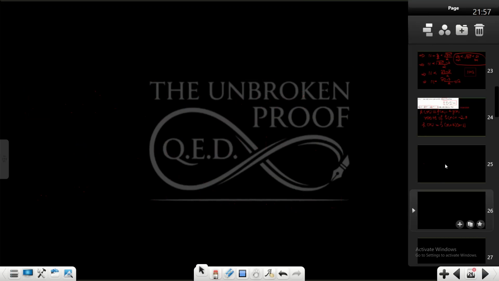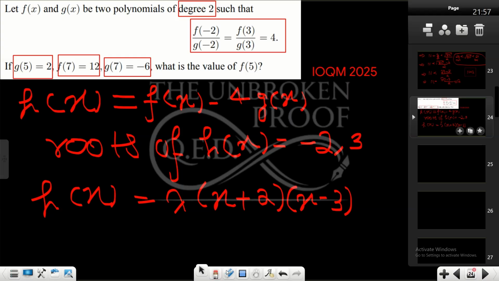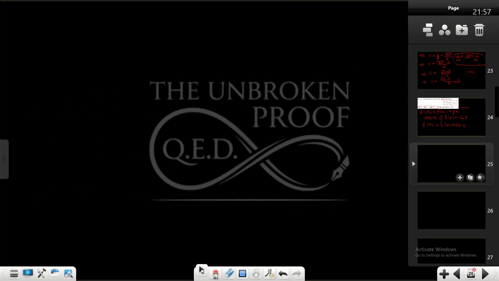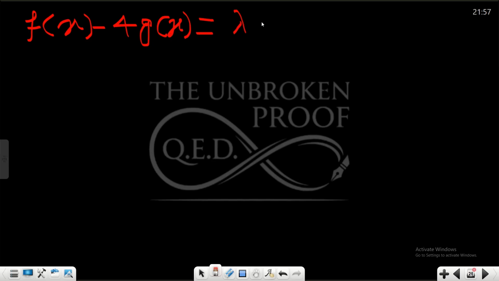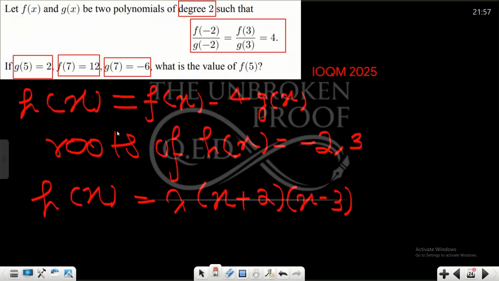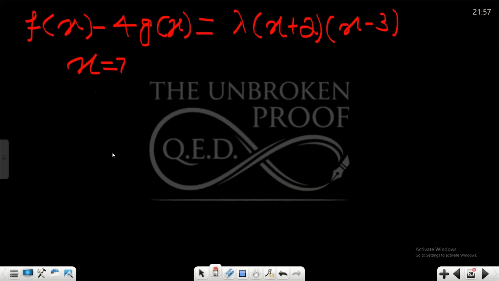So if I take this equation h of x and equate with this first one, then you will get f of x minus 4 times g of x is equal to lambda times x plus 2 and x minus 3, and if we substitute x as 7, we will see that f of 7 is 12 and g of 7 is minus 6.